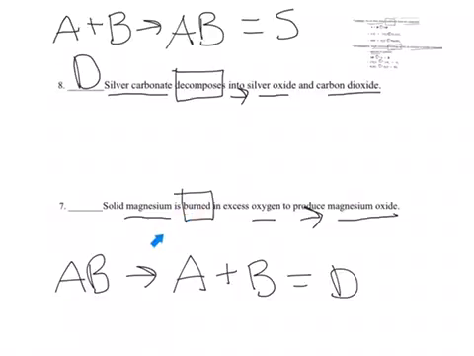How do I know it's synthesis? Because I am starting with two smaller pieces, and what I am ending up with is only one final compound, so it's being put together. That is synthesis. So yes, this is synthesis, and yes, it's also combustion because of the burning part.